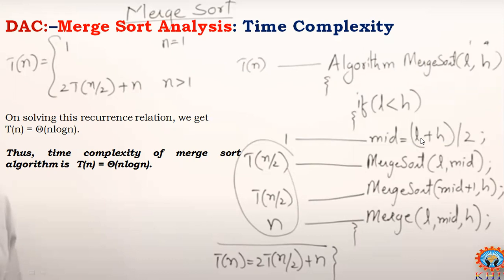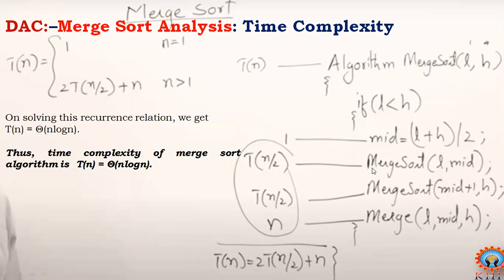When we divide the given array into two subparts, we can say that there are two parts. The first is from the first array index to the middle value, and the second is from mid plus 1 to the last array index value. So this statement is considered the left side subarray, and this is considered the right side subarray.